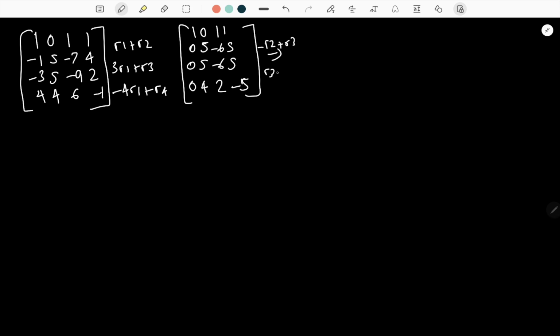We are flipping R3 with R4. So let me just do this step now. 1, 1, 0, 5, minus 6, 5. Now we are doing this 0, so there's a 0 row here, and we're flipping it with this one. And then last thing is 0 matrix row.